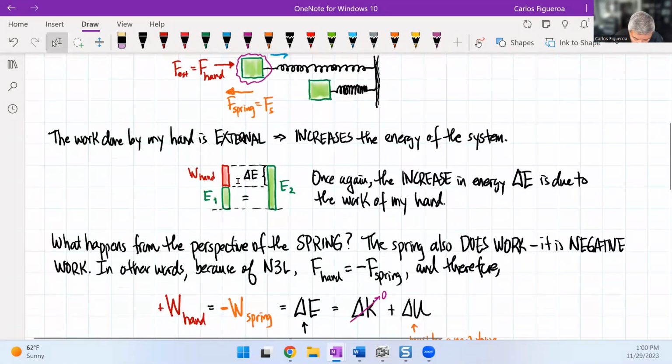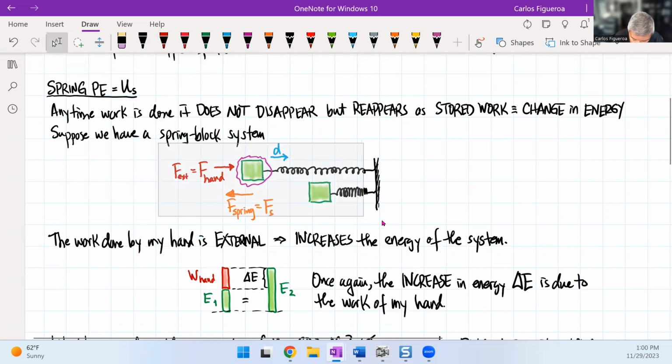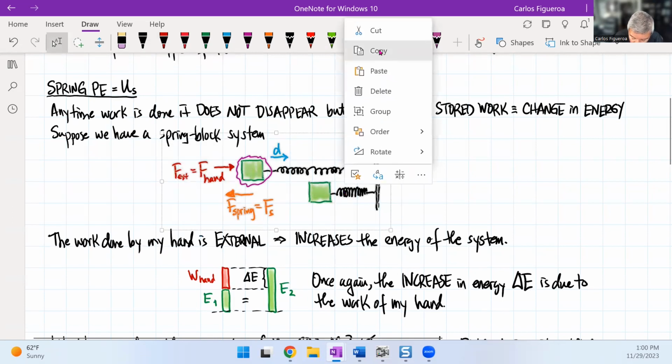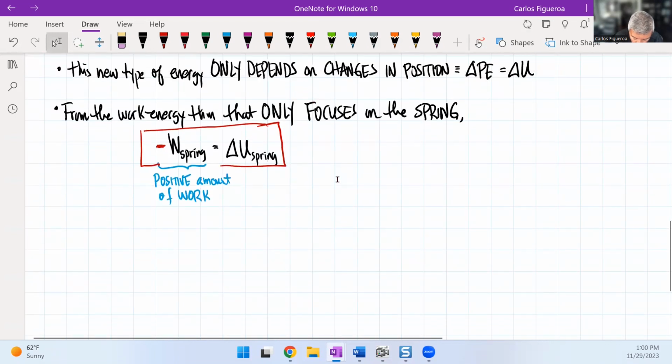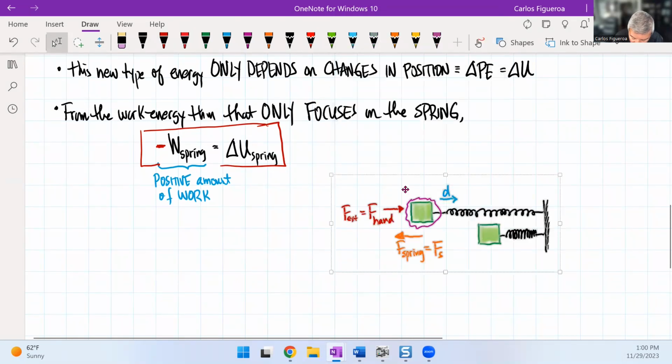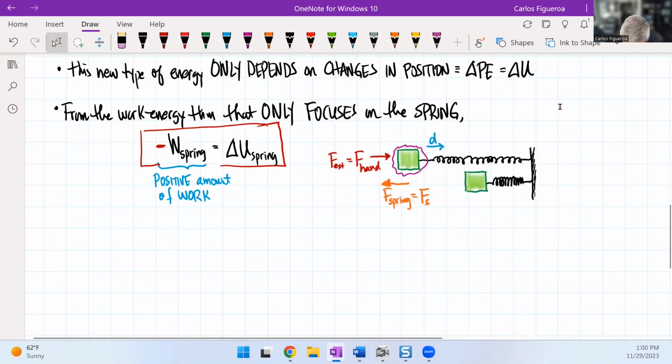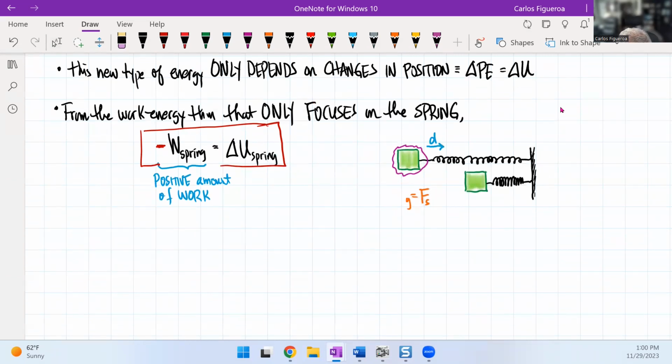So one last thing here, and I want to take this picture with me and bring it back down here. When I look at this, what does this actually tell me? Where is this potential energy stored?